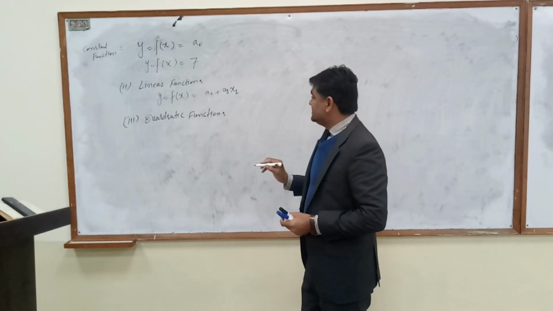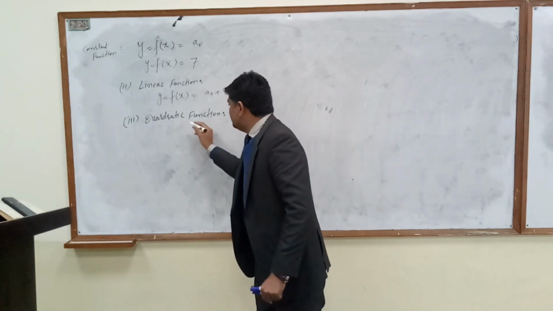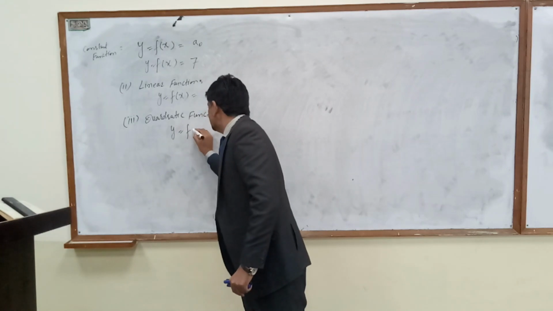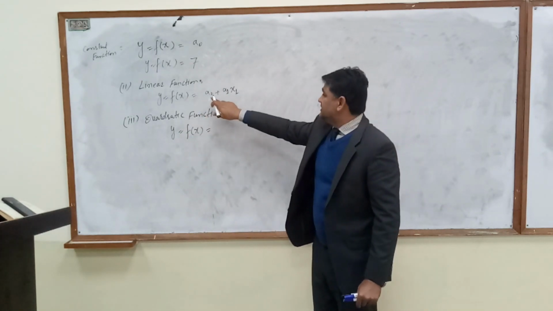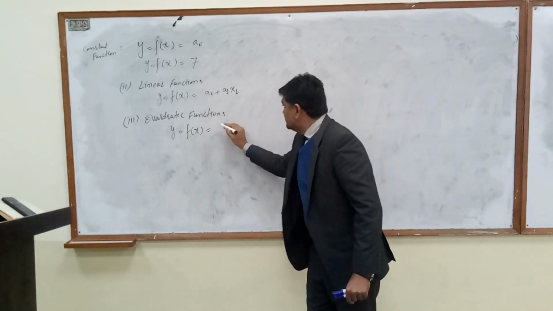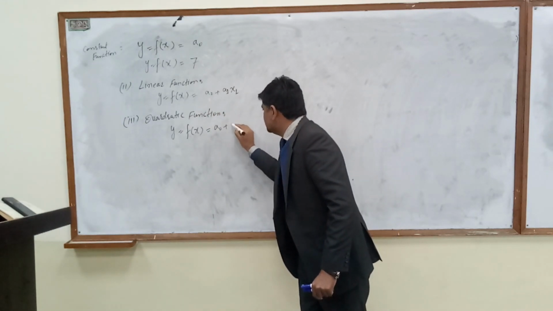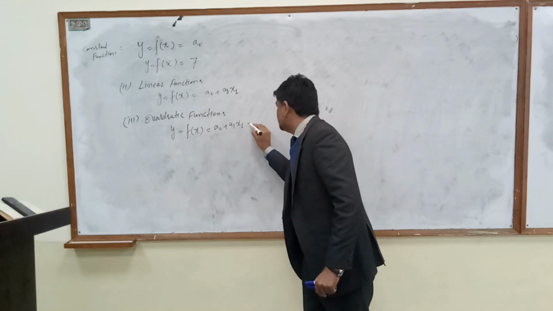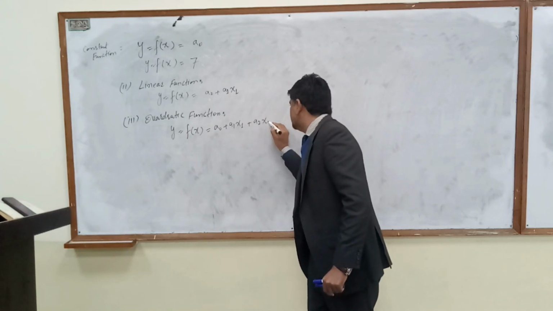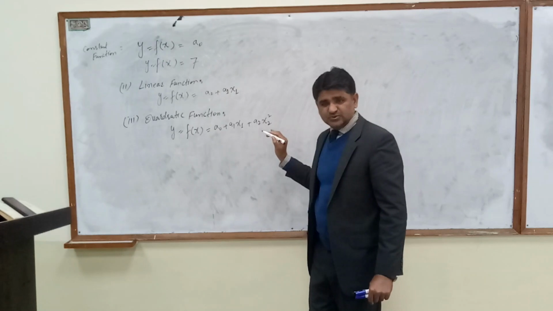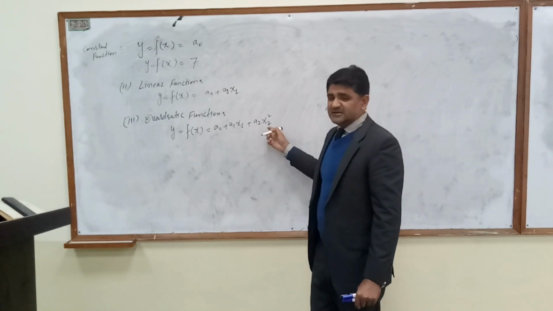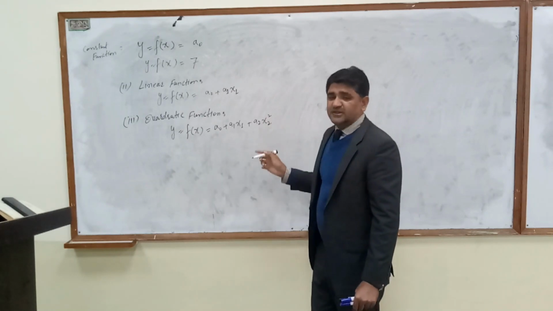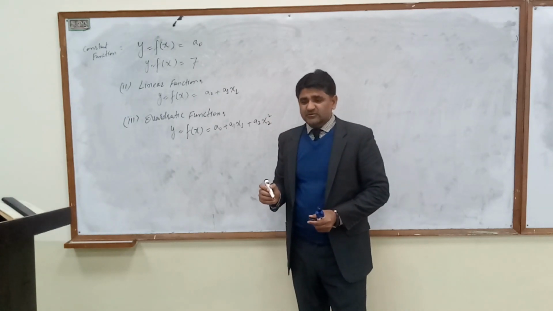It can have a general form y is equal to f of x is equal to, starting from a naught to a1, so here we can write a naught plus a1 x1 plus a2 x squared. In this function, the power of variable is maximum 2, so we name it quadratic function.